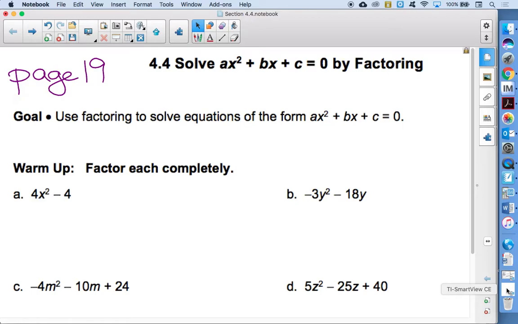If you're done with the quiz, you can turn it in the brown bin on my desk, and then please open your packet to page 19. It's not only the brown bin, it's the only bin.